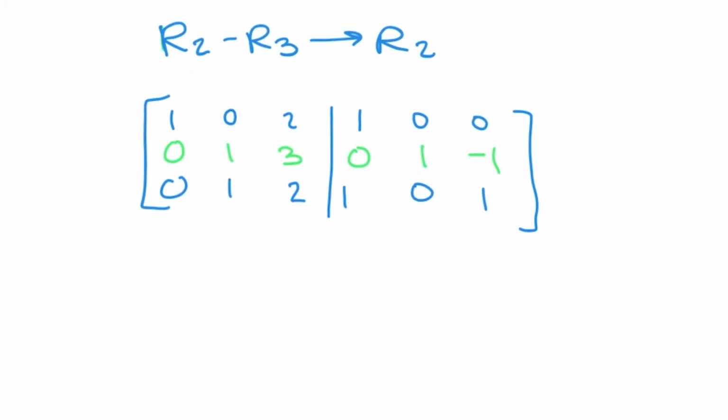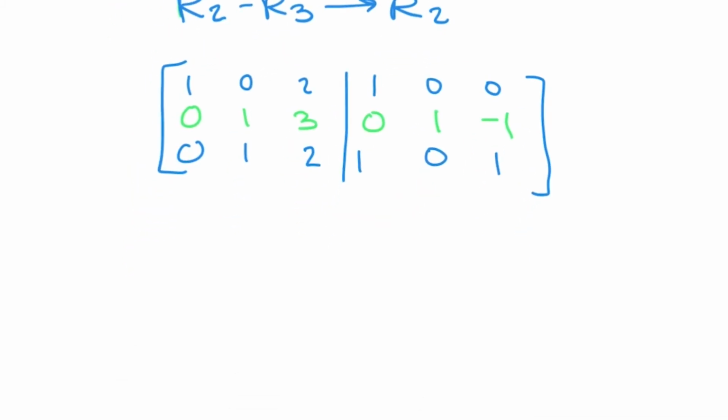Okay, so we're getting closer. All of these elements right here are what we want them to be, those ones that I've just highlighted in yellow. The next number we want to change is this one right here. We want that to be a 0 in order for it to turn into the identity. And we have to use row 2 to help us, because if we use row 1, we'll undo some of those zeros.